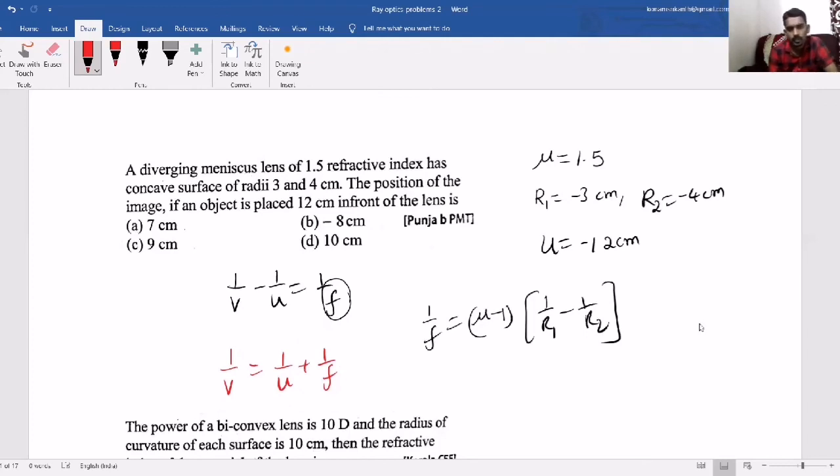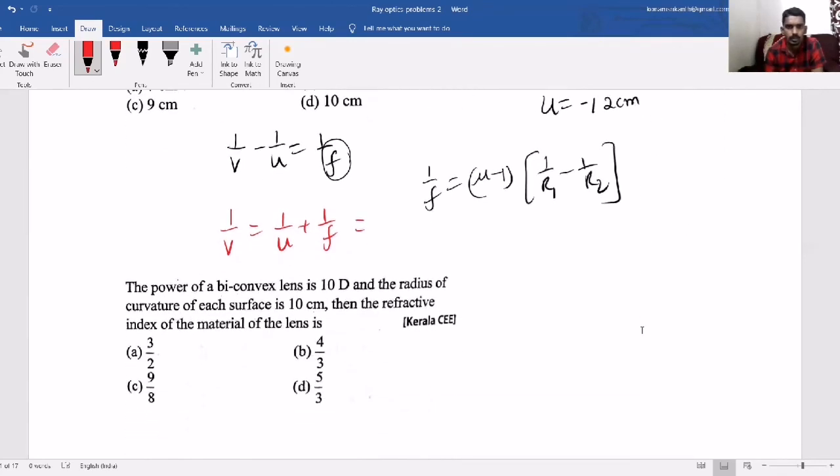This way the questions will be data based and formula based. Two formulas are there: one is the lens maker's formula and the other is the focal length of a lens. Proper sign convention is also important, so take care of all those things.